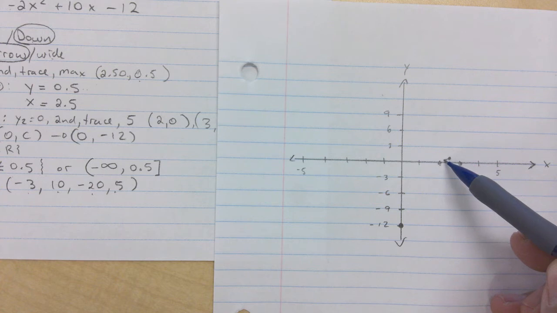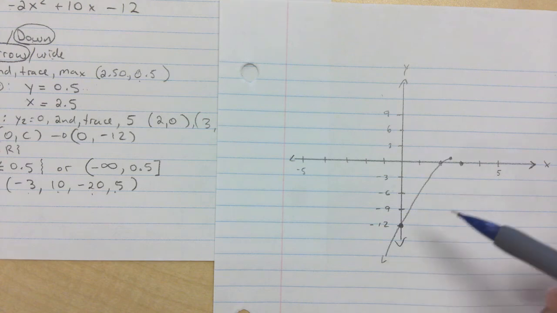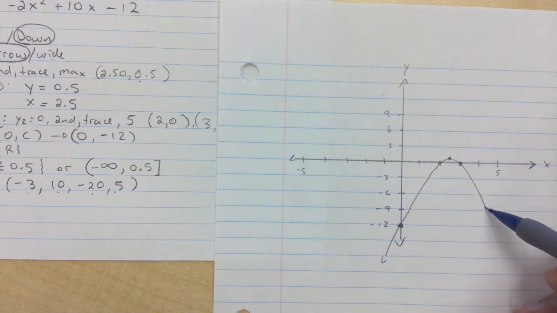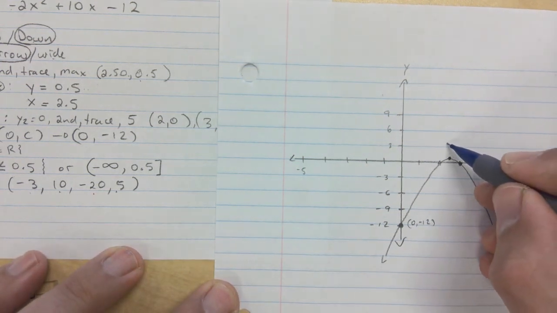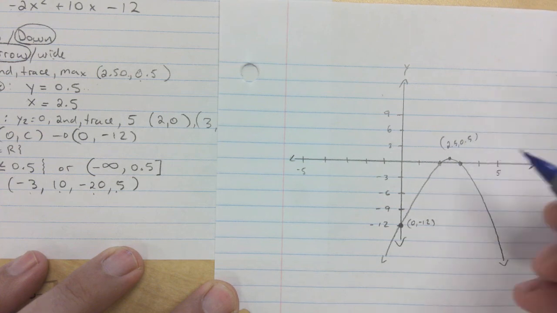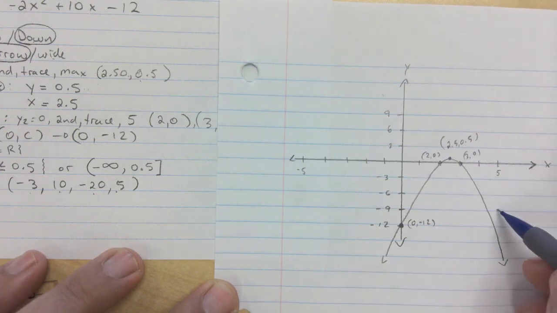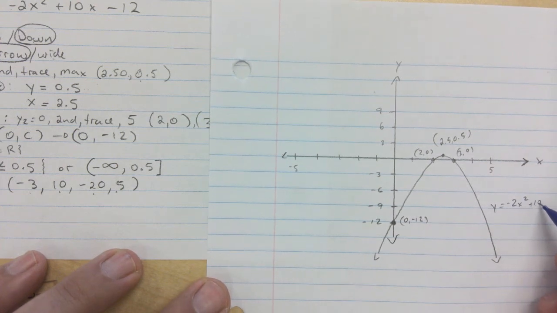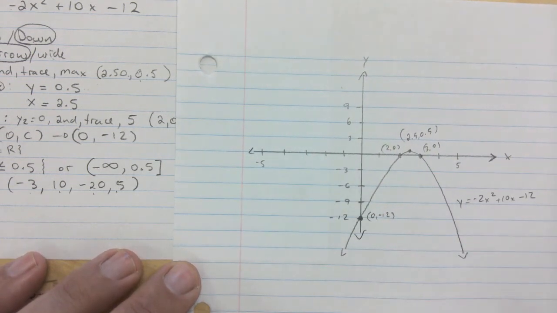And you just go through that x-intercept and then go through the y-intercept and then just keep going like that and try to copy it over to the other side as best as you can, right? And label 0, negative 12, 2.5, 0.5, 3, 0, 2, 0, and last but not least, my equation, the equation itself. So that's how you graph it.